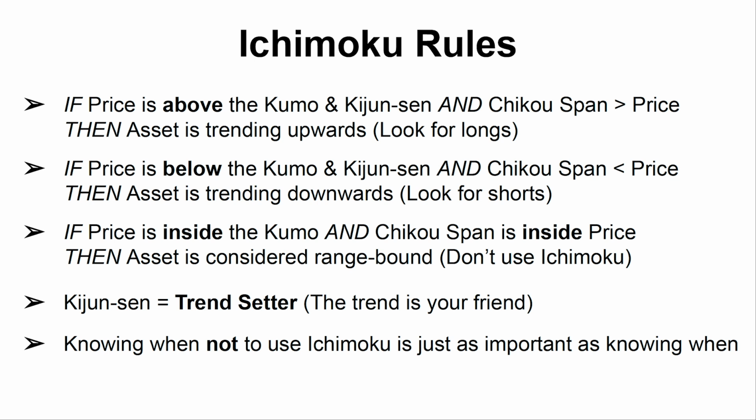Now on the flip side, if price is below the Kumo and the Kijun-sen, and Chikou span is below price, then we can assume the asset is trending downwards and we'll want to look for short opportunities. Lastly, if price is inside the Kumo and the Chikou span is inside the price, then the asset is considered range bound and we should not be using Ichimoku at all, since we're in a range bound market.